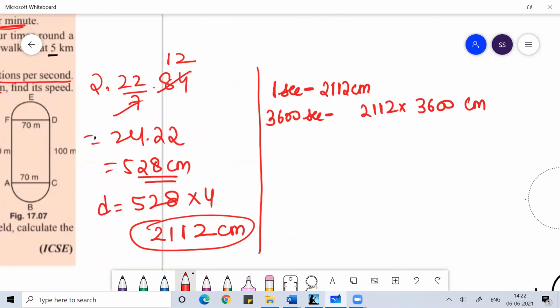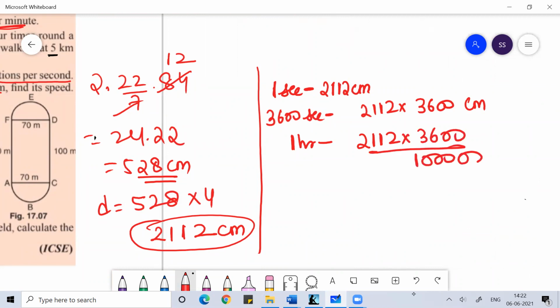If I want this figure in kilometer, 2112 into 3600 divided by 10 to the power 5, because 1 kilometer means 1000 meter, 1 meter means 100 centimeter, so 1 kilometer means 10 to the power 5 centimeter.